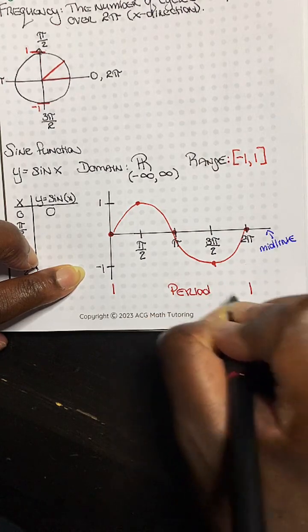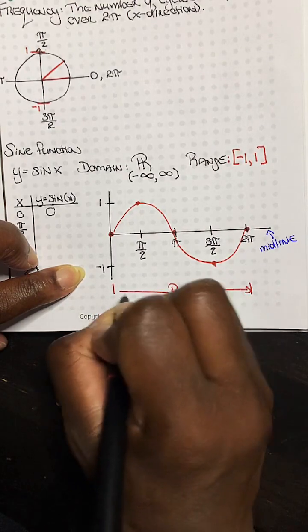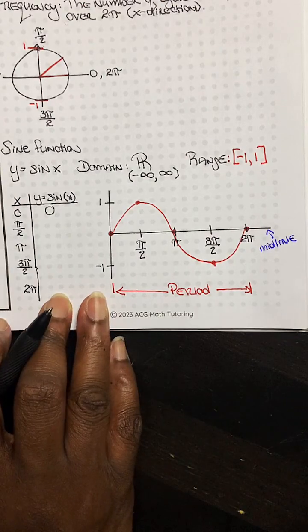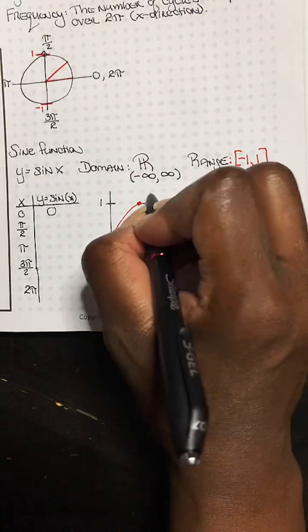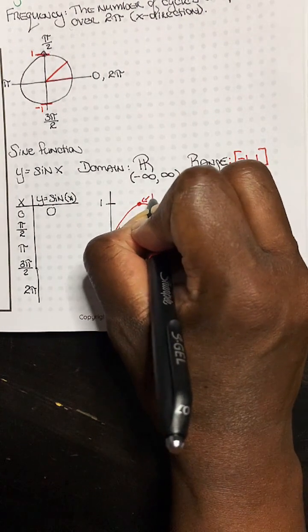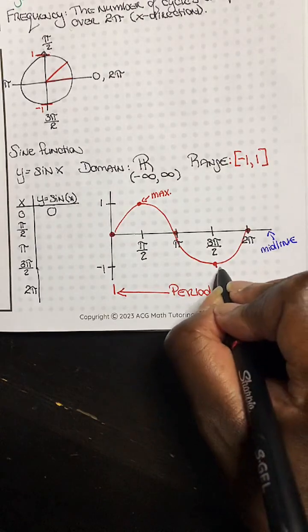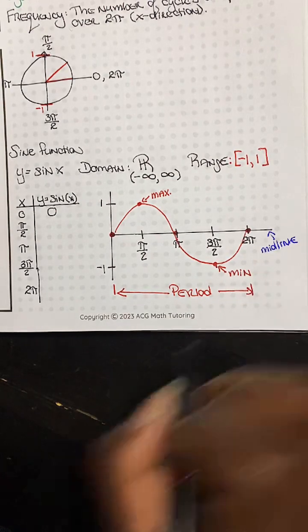Basically where it starts and where you're going to see it try to repeat again. Now, when we do this lovely little ripple, this here is your maximum because that's your highest point. Right here is your minimum because that's your lowest point.